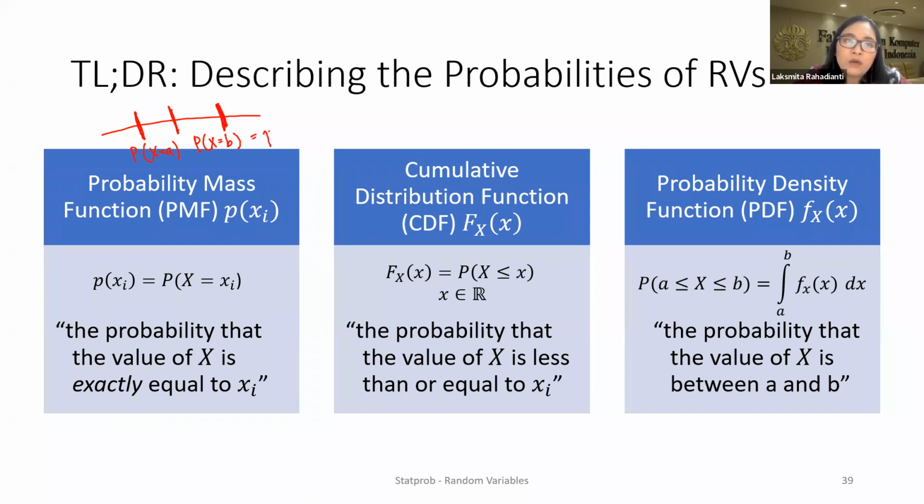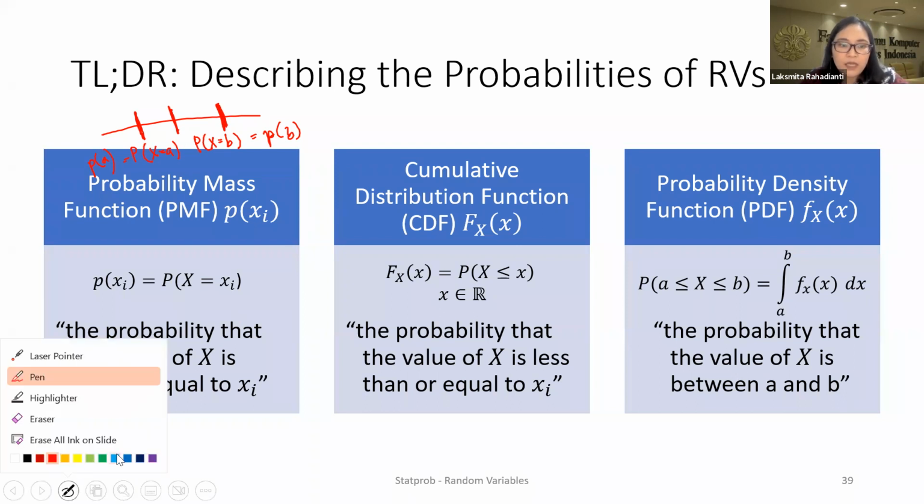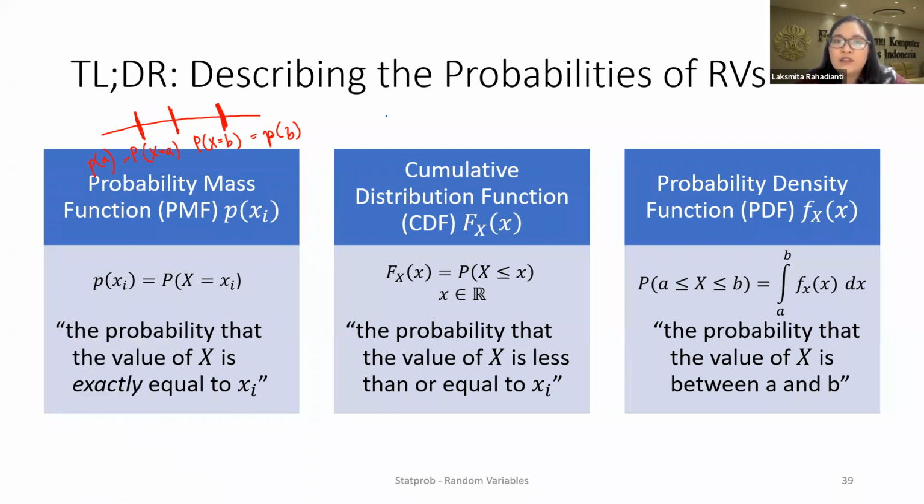Next, I have a cumulative distribution function, which denotes the probability of my random variable having any value up until A.